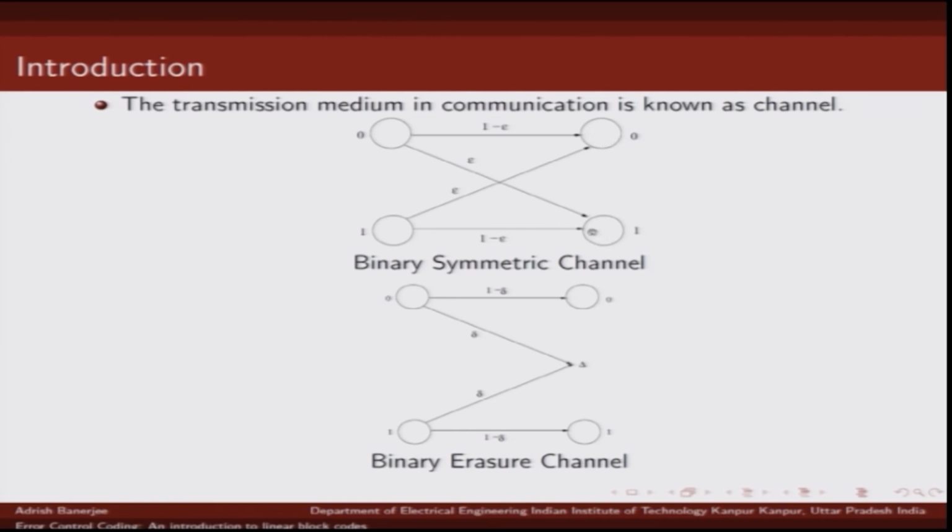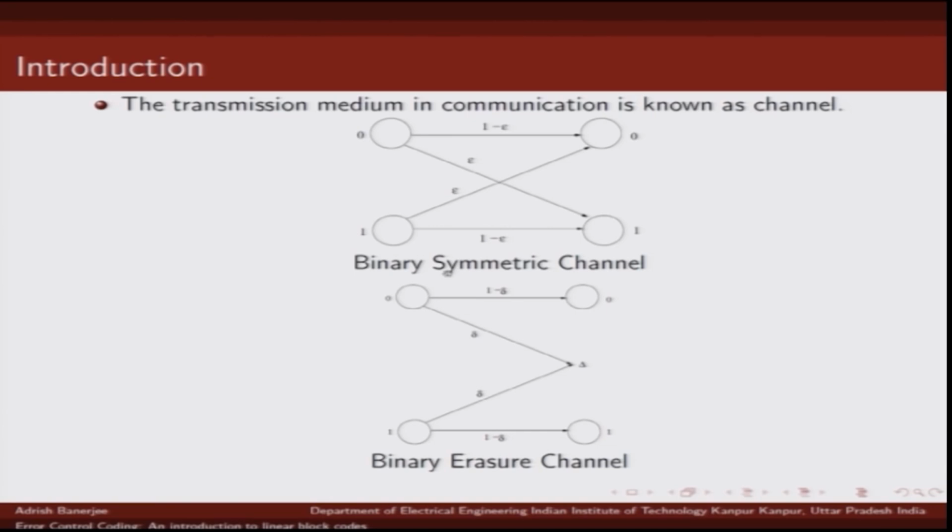With probability 1 minus epsilon, whatever you transmit is received correctly at the receiver. This is the transmitter and this is the receiver side. If you transmit 0, with probability 1 minus epsilon you will receive it correctly. Similarly, if you transmit 1, with probability 1 minus epsilon you will receive it correctly, and the crossover probability of error is given by epsilon.